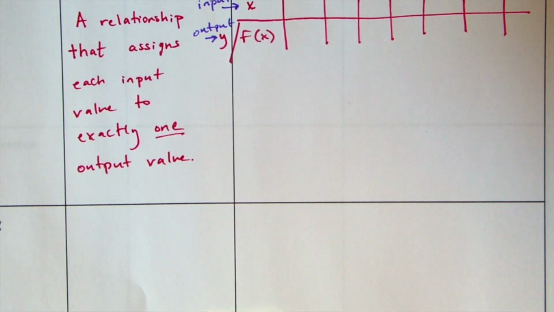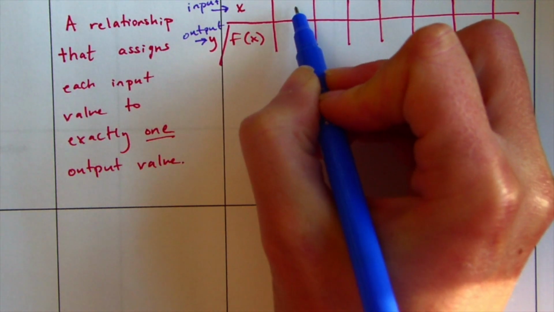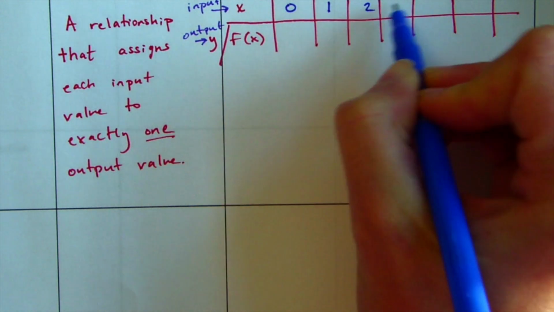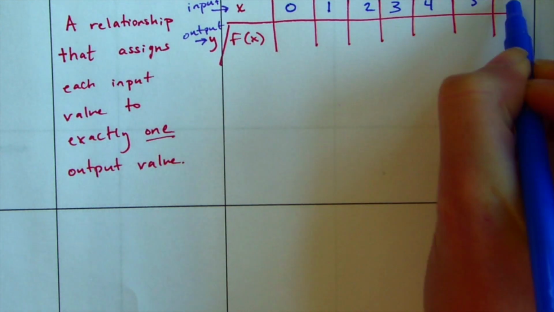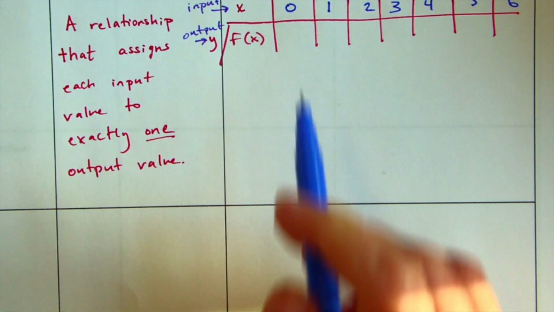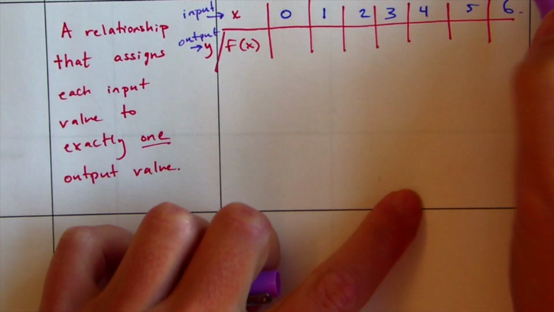So I have to have all unique or distinct x values. I cannot repeat x values. So it could look like 1, 2, 3, 4, 5, 6. Doesn't have to be in order, but the important thing is that my x values do not repeat, or my input values do not repeat.